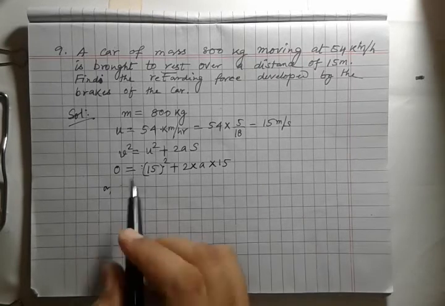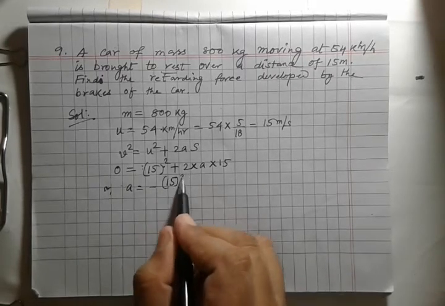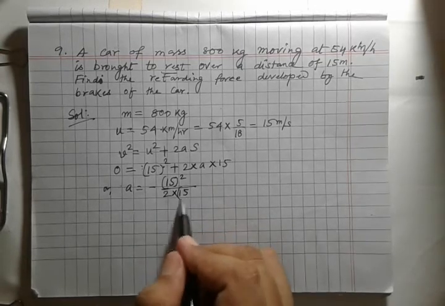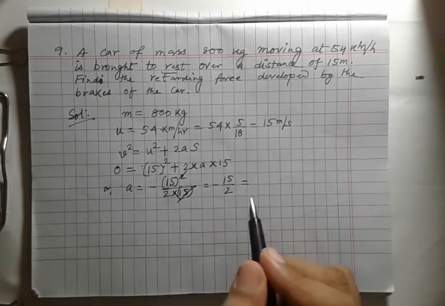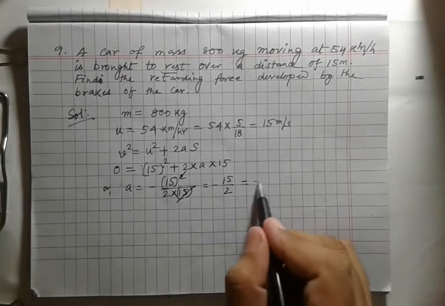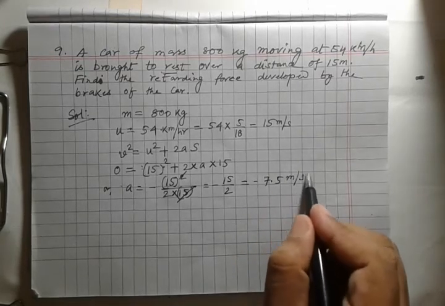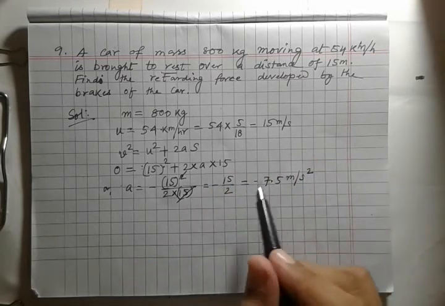So now a will be equal to minus 15 whole square by 2 into 15. So 15 will get cancelled. So minus 15 by 2 means minus 7.5 meter per second square. Okay, so we found out the retardation.